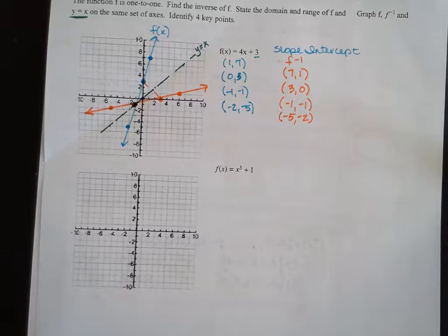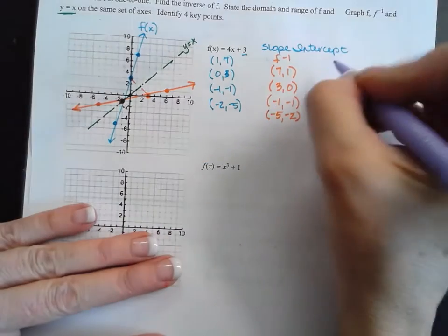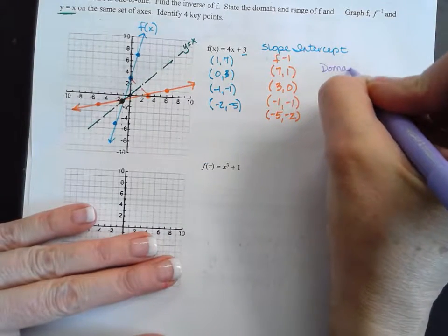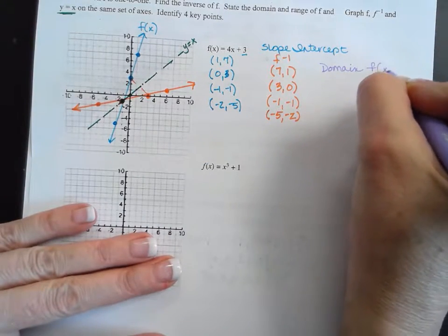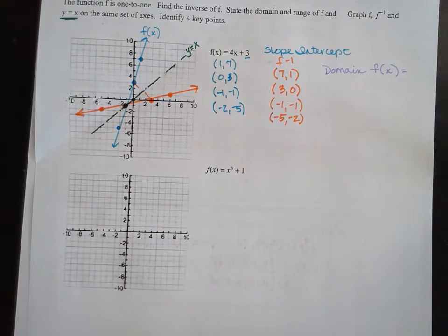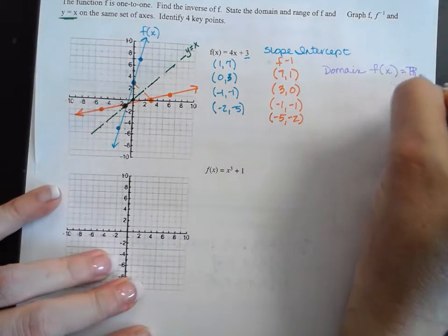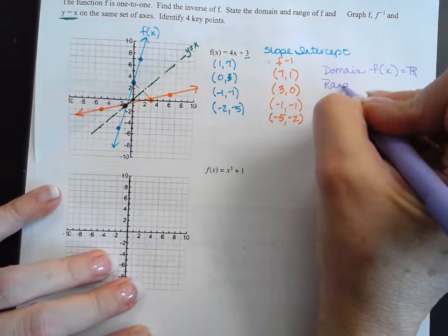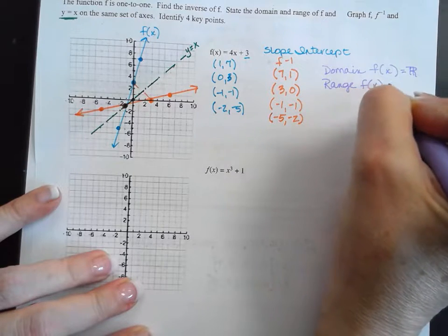Okay, so what's the domain of my original function? All reals, absolutely. And what's the range of my original going to be then?